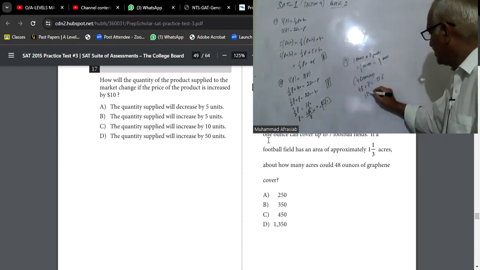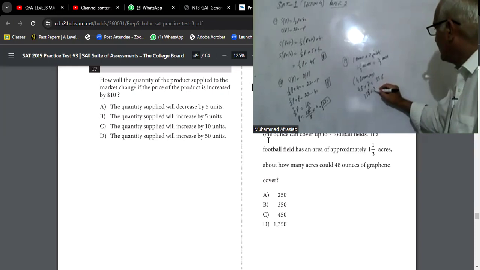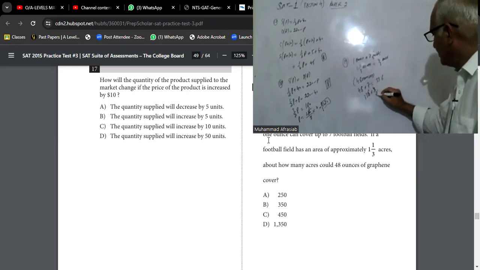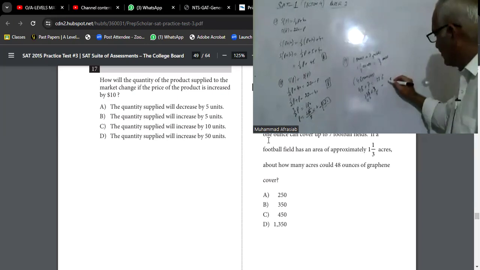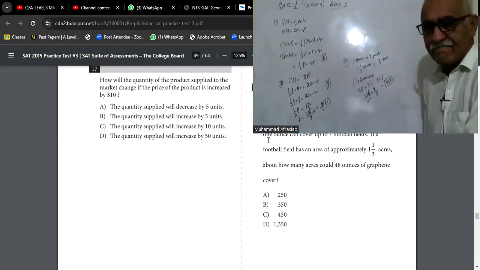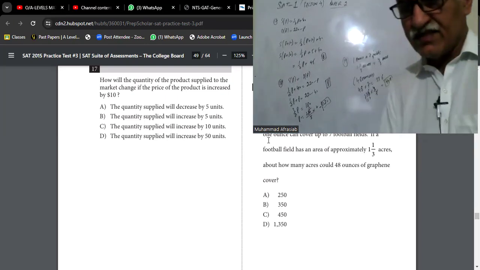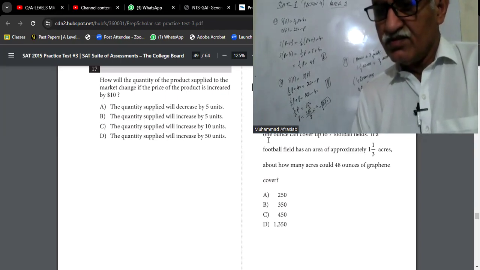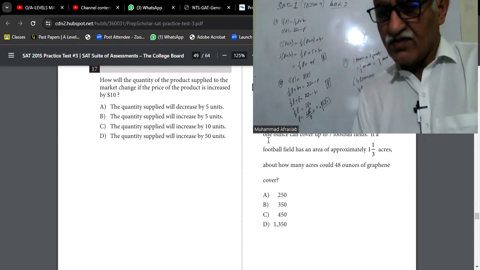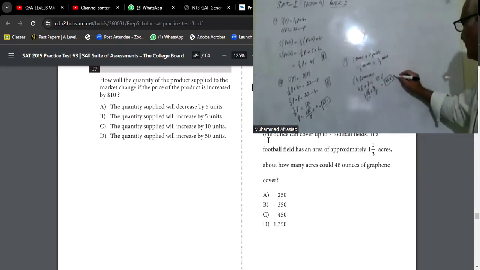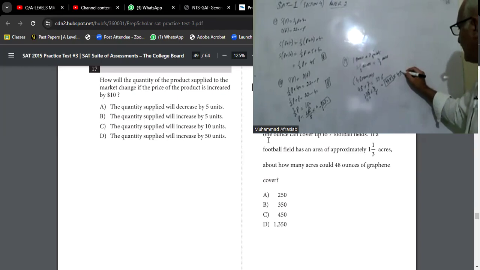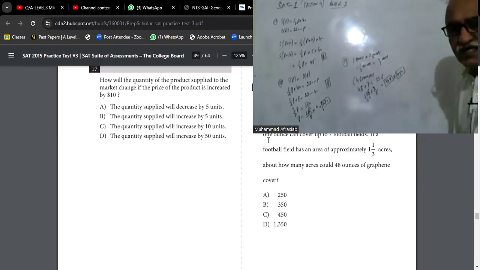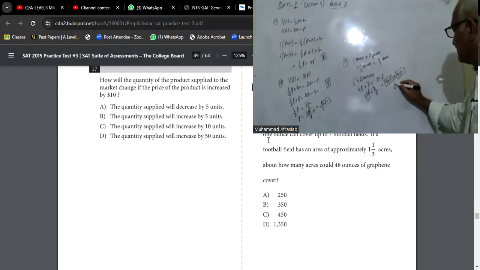So it should be equal to 336 multiplied by 4/3, which equals 448, and 448 is not there. So it is approximately, we rounded off to 450. So that is the answer, choice C.